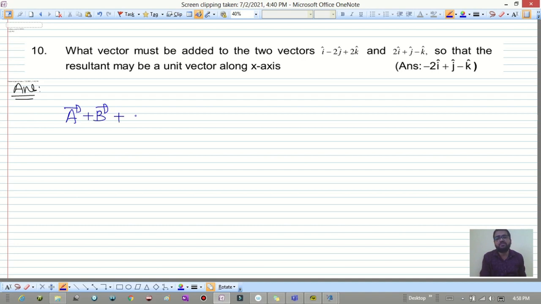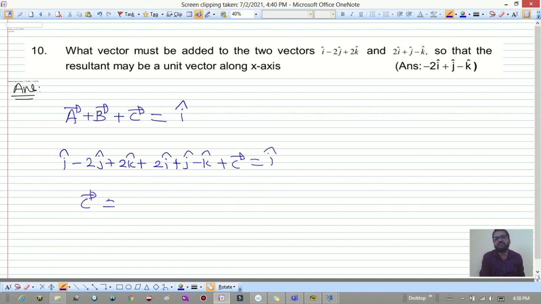To this, what third vector we have to add, so that the resultant will be the unit vector along x-axis, and that is i hat. So a bar is i hat minus 2j hat plus 2k hat, plus b bar is 2i hat plus j hat minus k hat, plus c bar is equal to i hat.